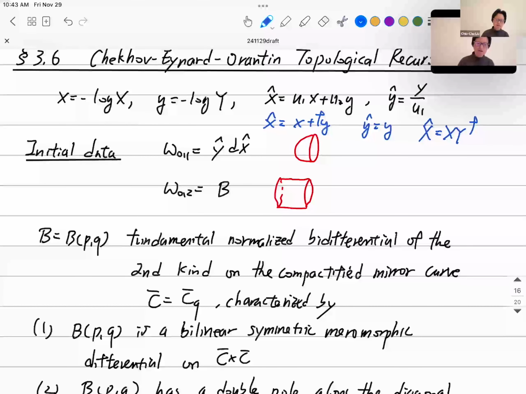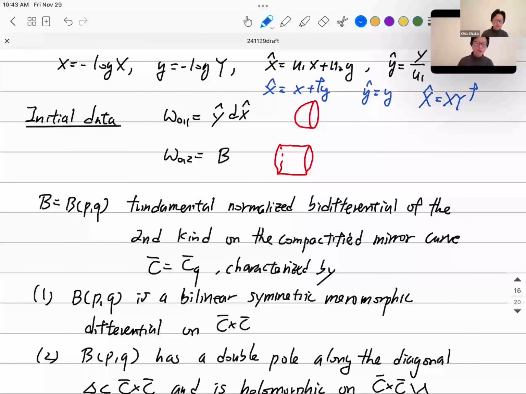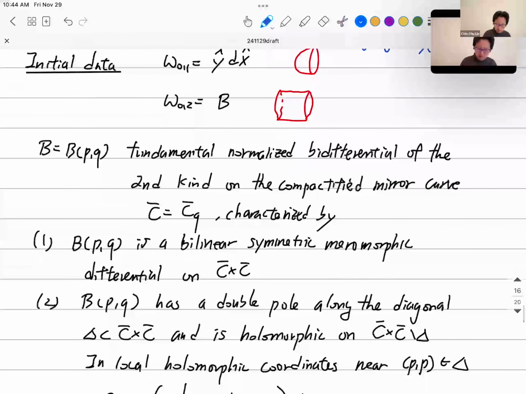So omega 0,2: you should think omega 0,1 is associated to the disk, so it gives genus 0 with 1 boundary, and omega 0,2 will give us the annulus invariant, genus 0 with 2 boundary components. Omega 0,2 is a classical object, I think known by Riemann. It's the fundamental normalized bidifferential of the second kind on the compactified mirror curve.